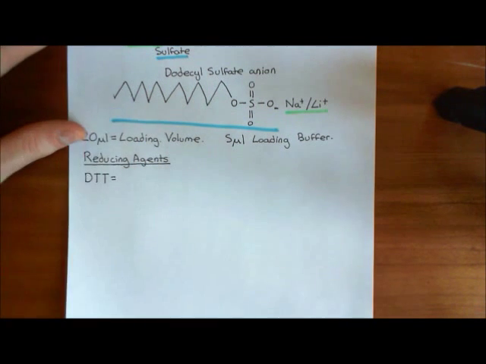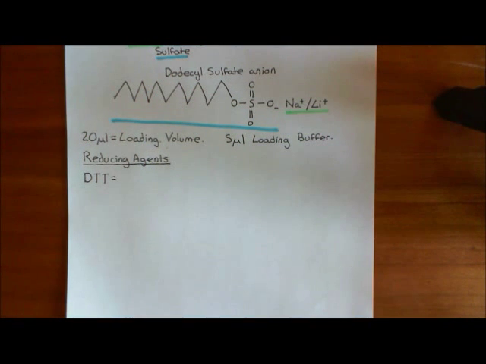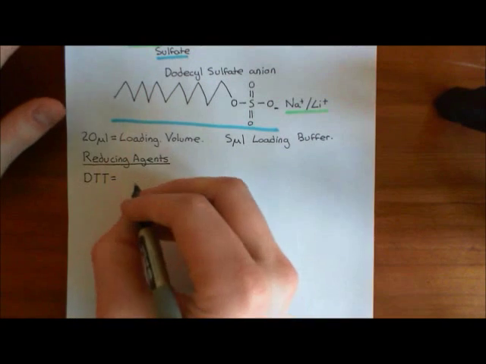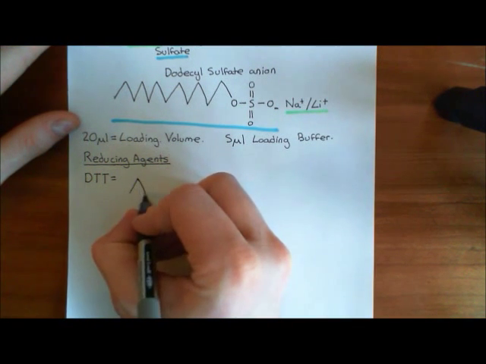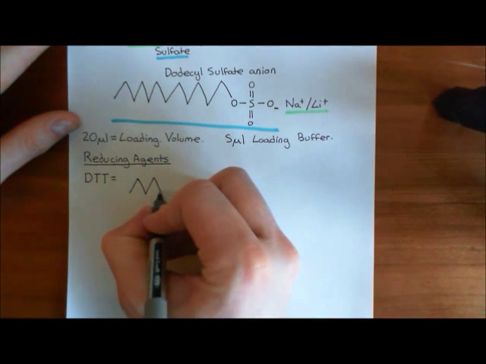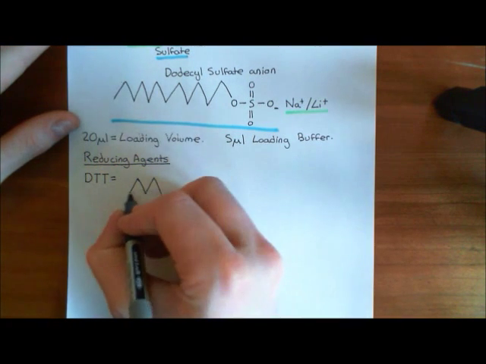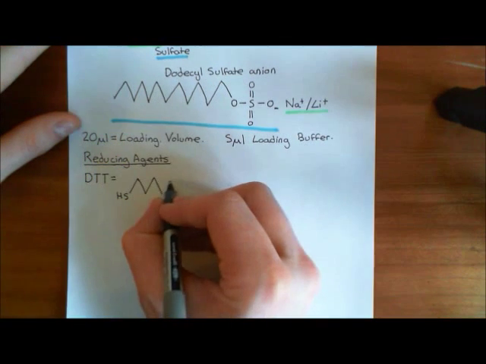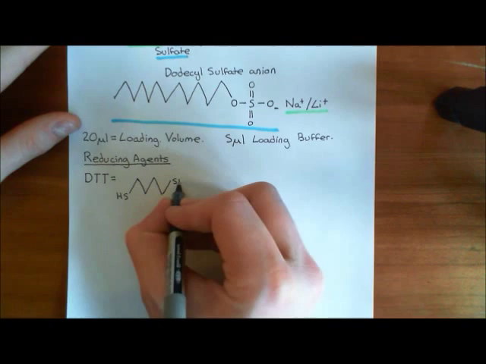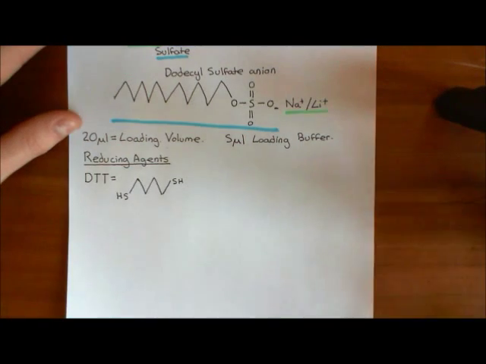So if we have a look at DTT's structure, it's basically a 4-carbon molecule, so 1, 2, 3, 4, with a thiol group here, and you've got 2 thiol groups coming off this 4-carbon structure.